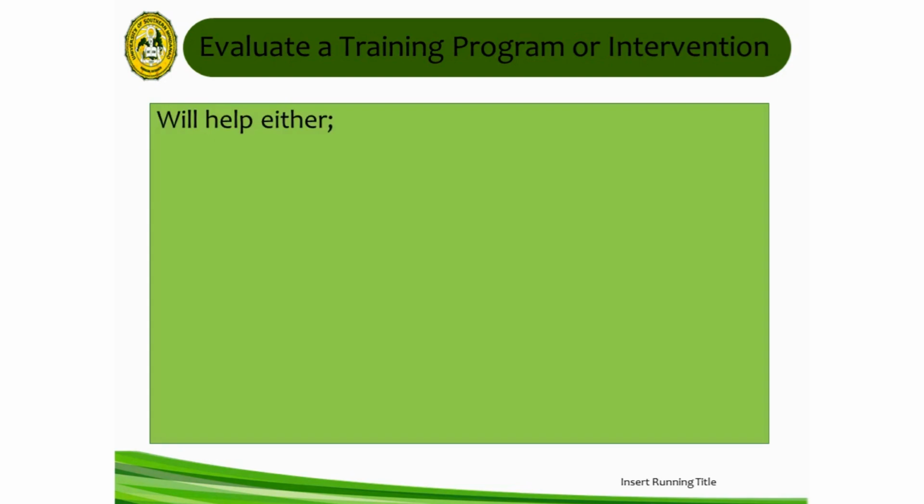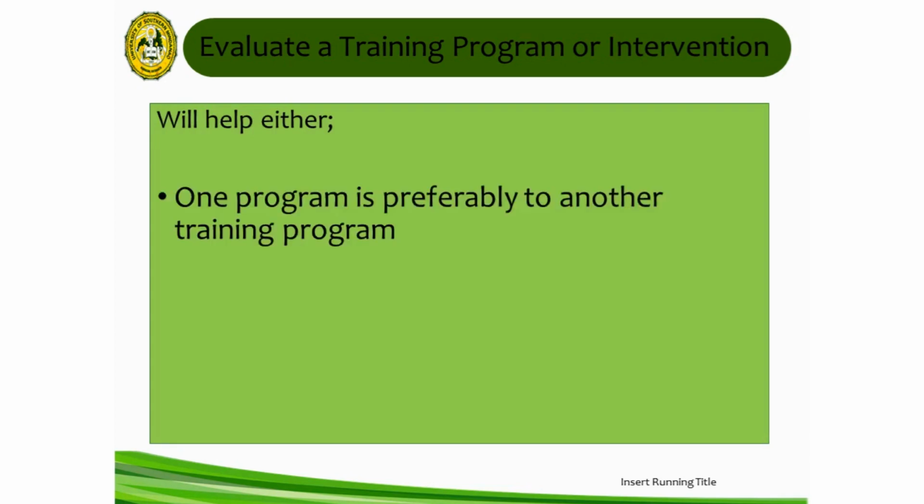Next, it is to evaluate a training program or intervention. Again, it will help us make a decision whether one program is preferable to another training program. So, for example, we already conducted a leadership program. However, the beneficiaries of that leadership program are college students.